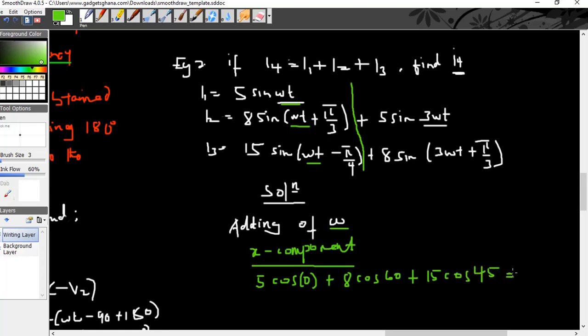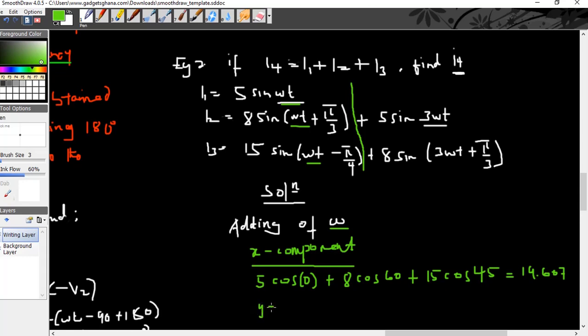Now when you compute all of this, you end up with 19.607. Sorry, this is not an angle. Right, so we have 19.607. Now let's proceed to the y component.